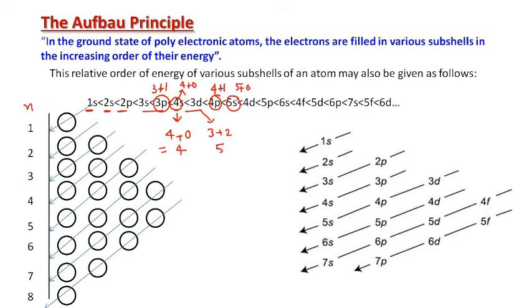After 2s, you come to 2p, 3s, 3p, 4s, then 3d, 4p, 5s, 4d, 5p, 6s, 4f, 5d, 6p, 7s, then 5f, 6d, and 7p. So in this way, you can remember the energy order of these orbitals.